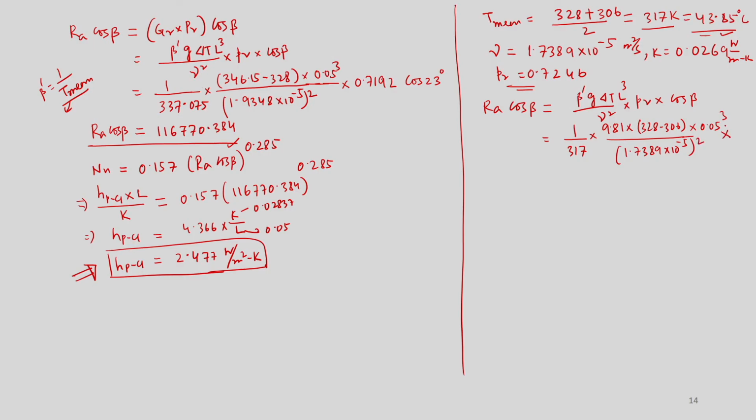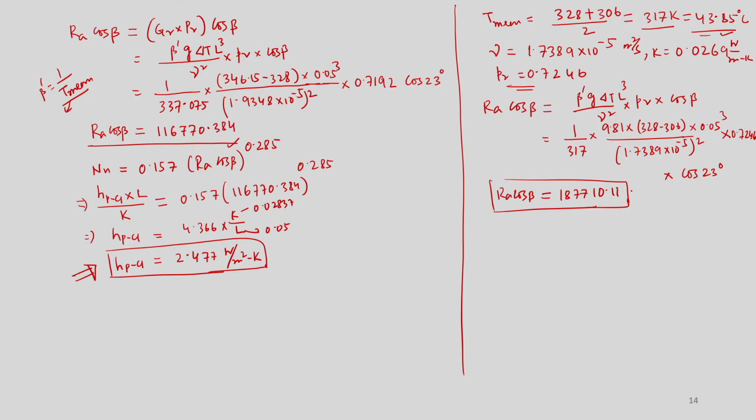What is the value of the Prandtl number here? 0.7246, multiplied by cos of 23. So, this is found to be 18770.11. This is Ra cos beta. So, this is known now.